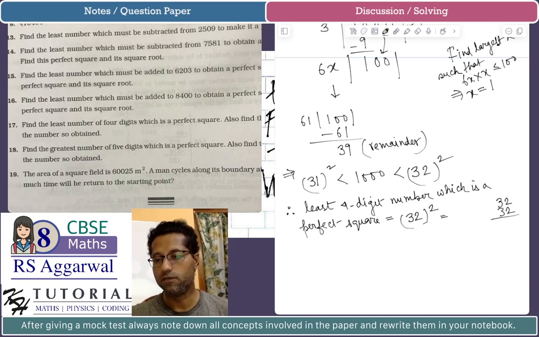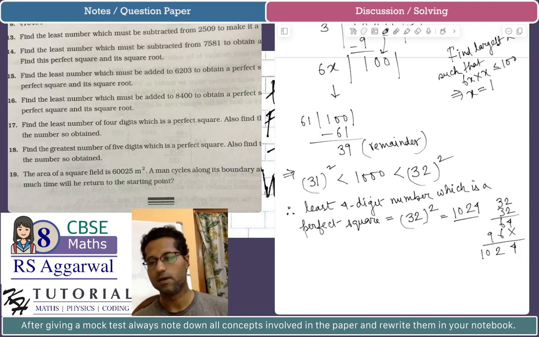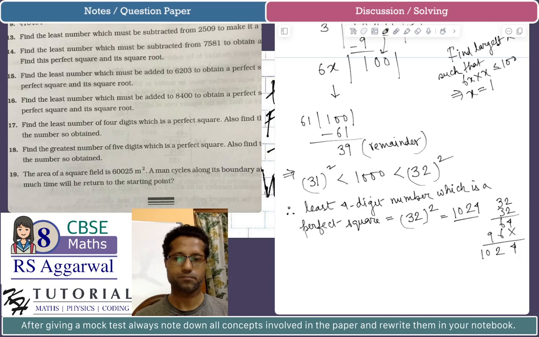So this is 64, and this is 96, so 4, 12, 1024. So the least four-digit number which is a perfect square is 1024.